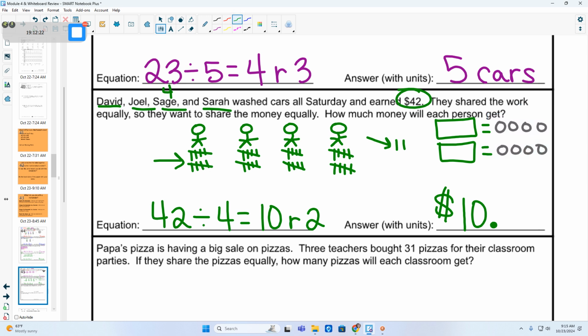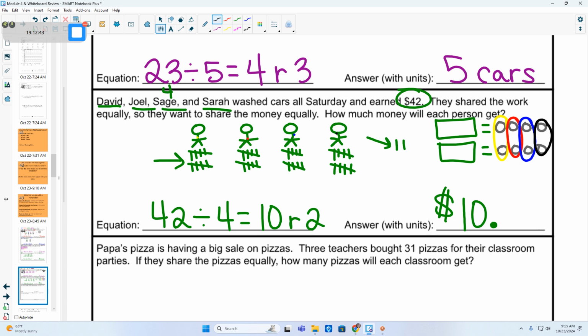So it looks like David would get 2 quarters. There's David. Joel would get 2 quarters. There's Joel. Sage would get 2 quarters. There's Sage. And Sarah would get 2 quarters.